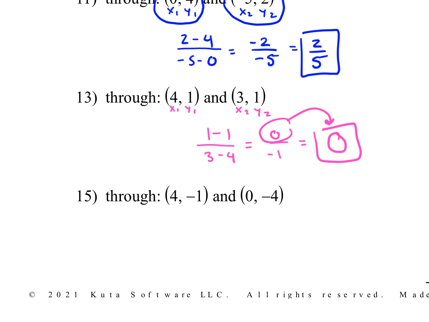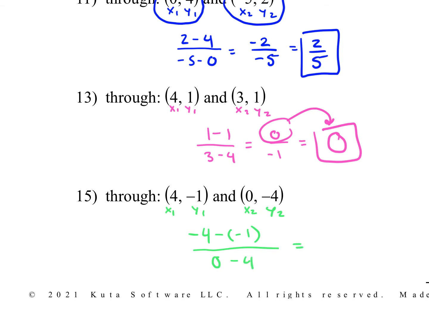Number 15, I have x1, y1, x2, y2. So what goes on the top? Negative 4 minus 4, and what goes on the bottom? Negative 4 minus negative 1, right? And then 0 minus 4. Yep.